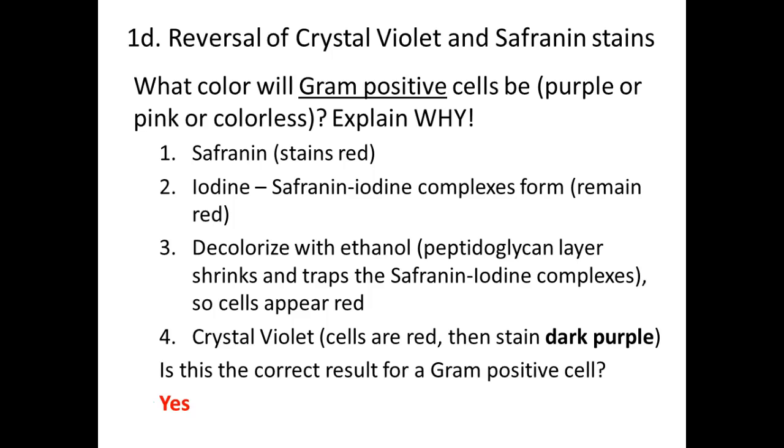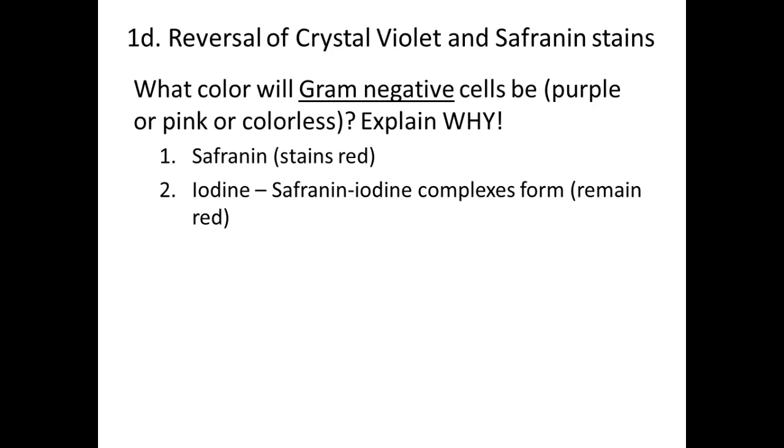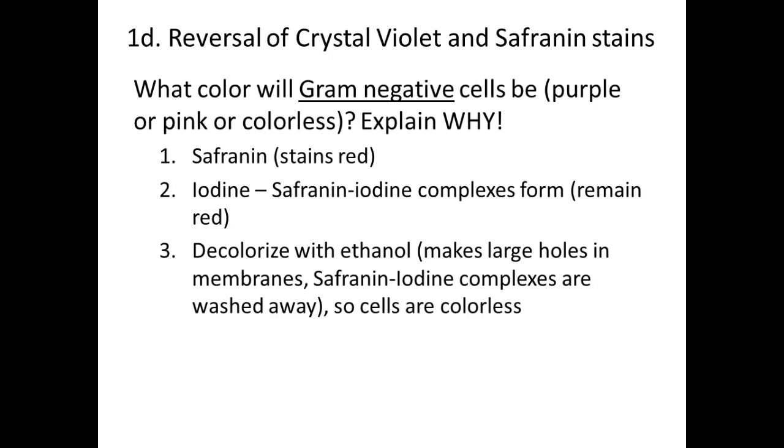Yeah. But for our gram-negatives, if we start out with red, right, add the iodine, we decolorize them, they become colorless, right? Then we stain them in crystal violet, they're going to be purple.